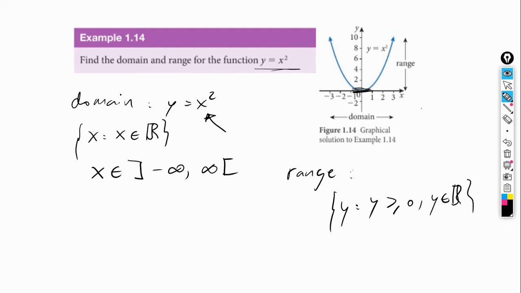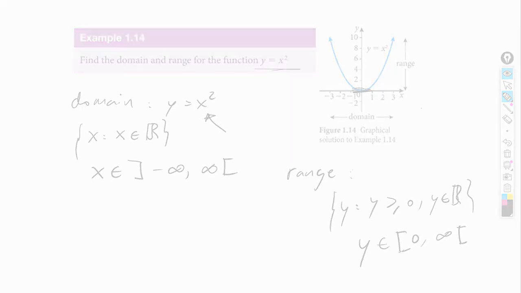Or in interval notation, we would say that y belongs to 0, including 0. That's why the square parenthesis is going inwards, to infinity. With infinity, you always use an open parenthesis.